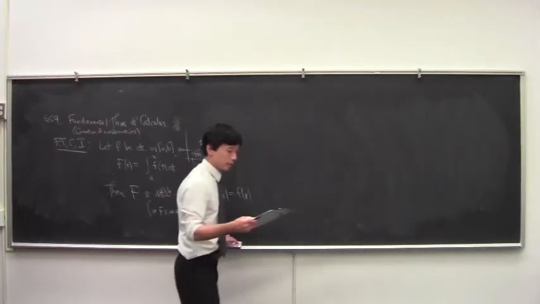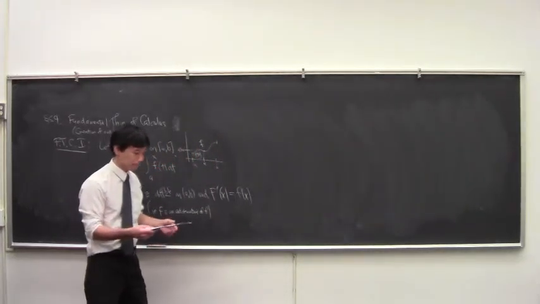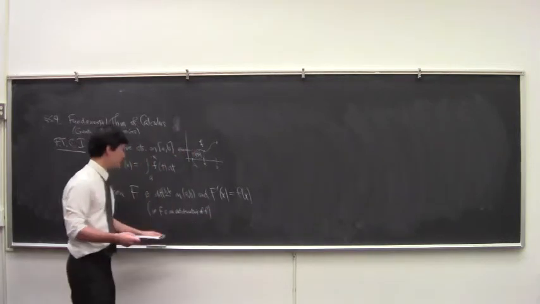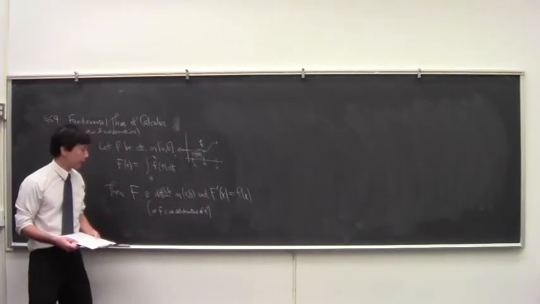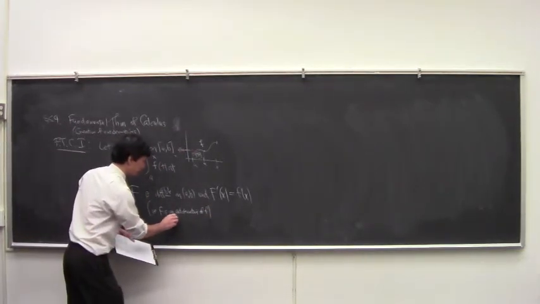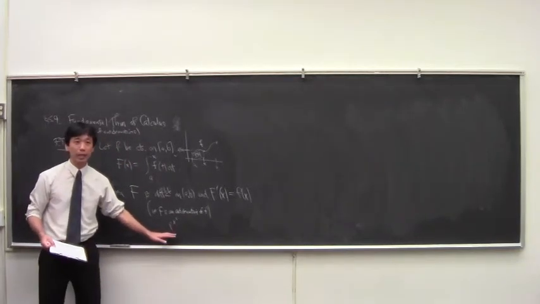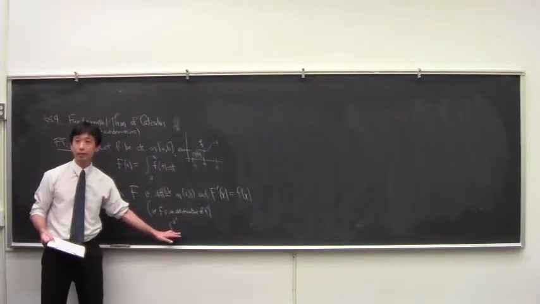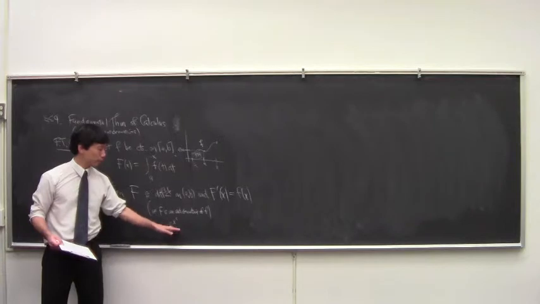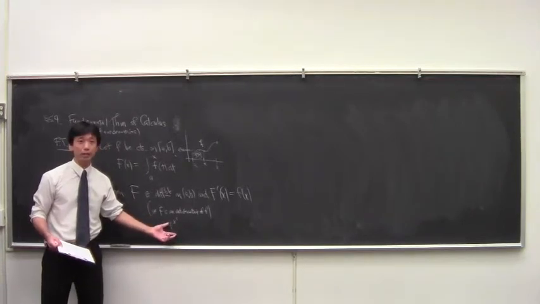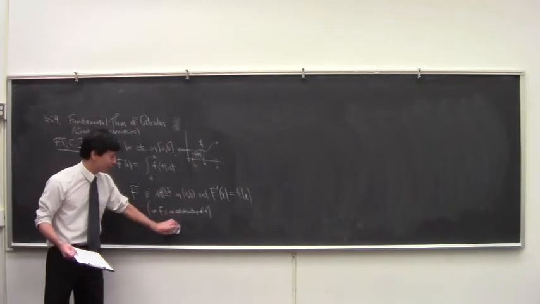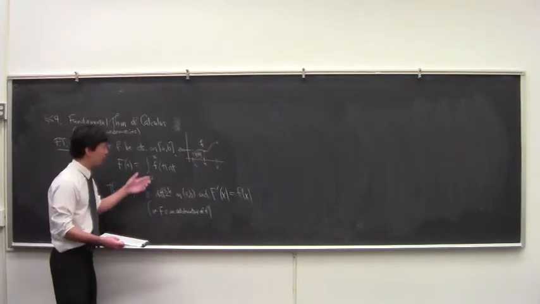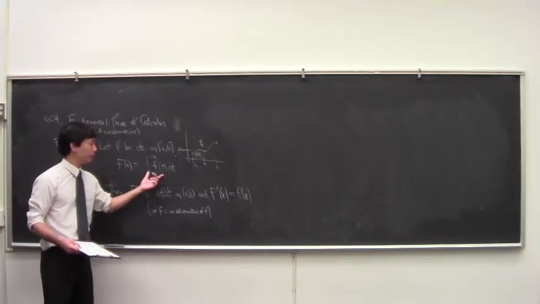Okay, so earlier I said that e to the x squared doesn't have any simple antiderivative, right? What's the antiderivative of e to the x squared? You can try, but it's not going to happen. But you can make an antiderivative in this way.